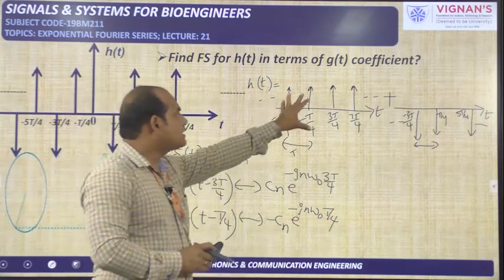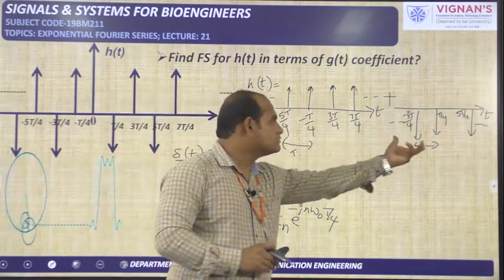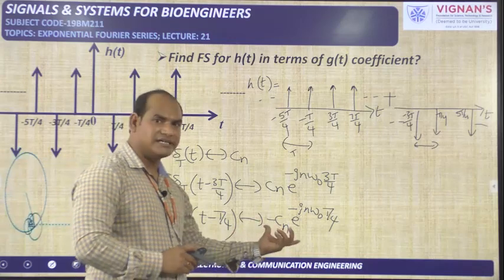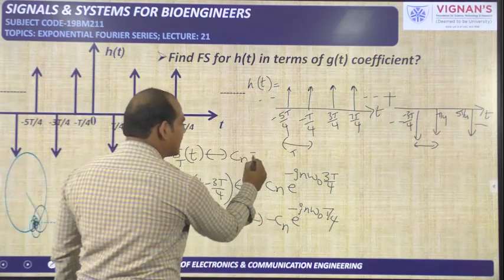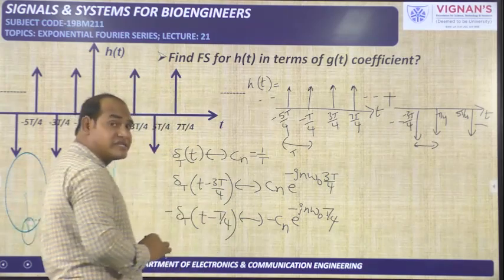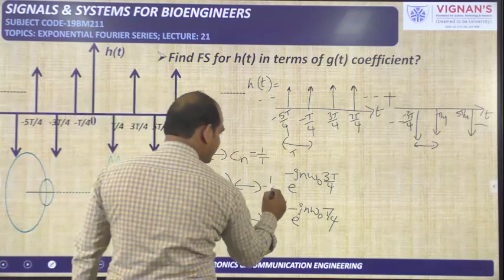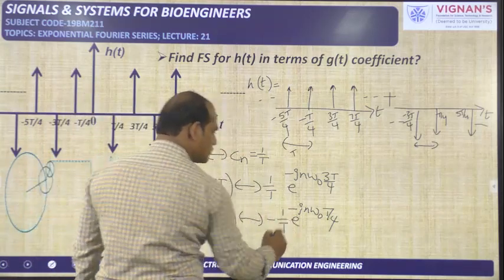So for this part the exponential Fourier series coefficient is this one, and for this part it is this one. Instead of writing Cn, I can write 1 by T, because I know for the impulse train signal the coefficient is 1 by T. This is 1 by T, and this is also 1 by T.